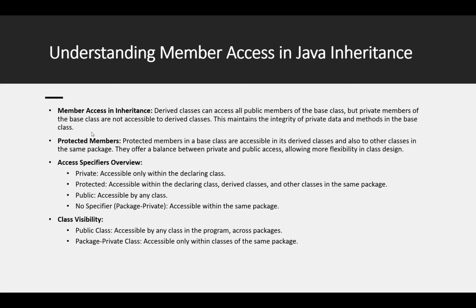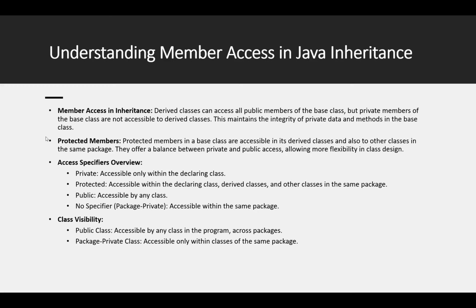So in Java, protected members act similarly. They are accessible within the class they belong to, and in all its derived classes, and also to other classes in the same package. This is a strategic choice for a programmer when designing a class structure.